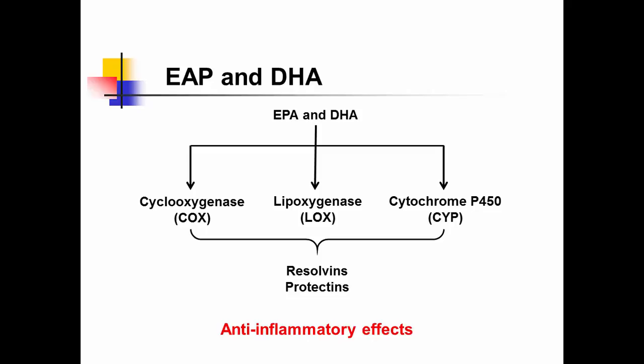The omega-6 fatty acids give rise to bioactive compounds involved in inflammation, and the omega-3 fatty acids give rise to bioactive compounds involved in anti-inflammation. So they have different biological functions.